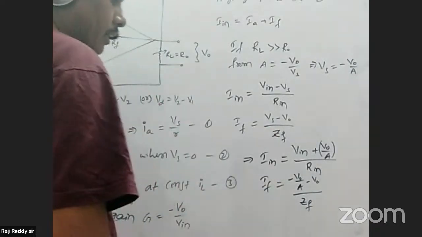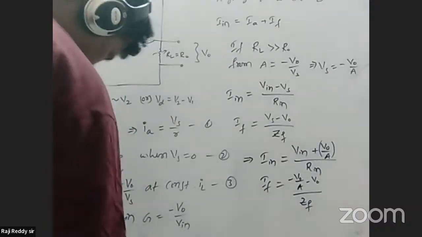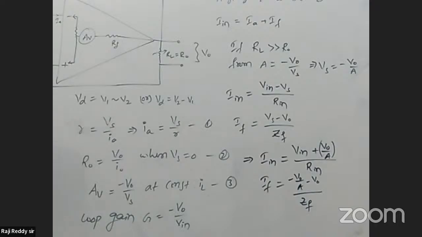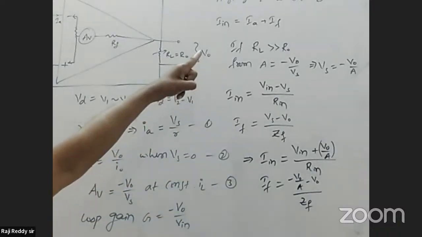ZF means that instead of RF we write ZF, the opposing resistance offered by the feedback resistance, which is called impedance. When there is a fixed resistance value, we write RF instead of ZF. So IF is equal to minus V naught by A minus V naught by ZF. Now you can find the IA value, and this I in value, IF value, IA value you can substitute in that equation.